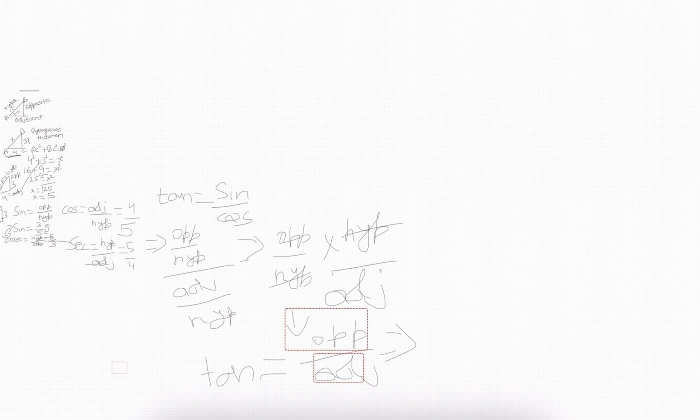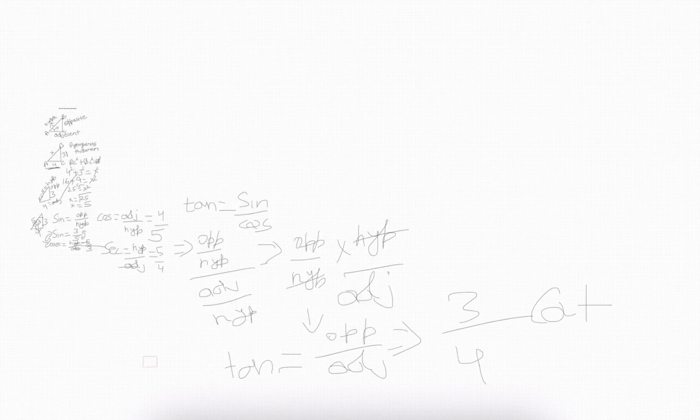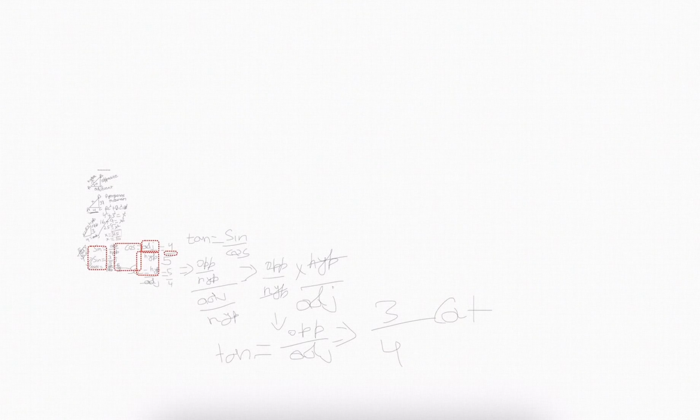So tan is 3/4. And cot will be the reciprocal, so cot will be 4/3, which is adjacent over opposite. So this was how we found all the values from just a triangle. By using the Pythagoras theorem, we found the values of sine, cos, tan, cot, secant and cosecant.